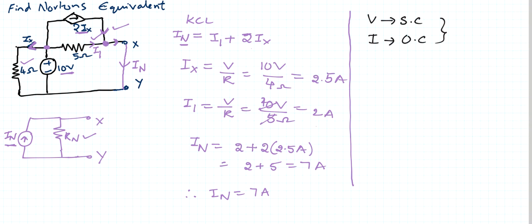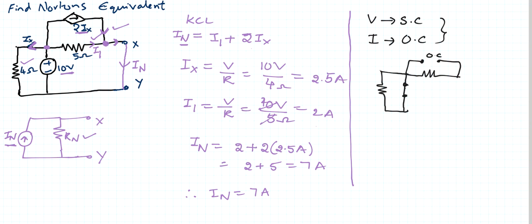So here there is a voltage source that I am short circuiting. This 4 ohms resistor will be same as usual, and this 5 ohms will be same, and this is a current source, so it will be open circuited.